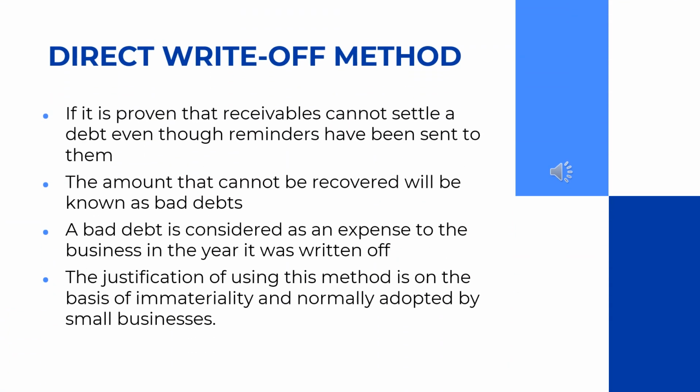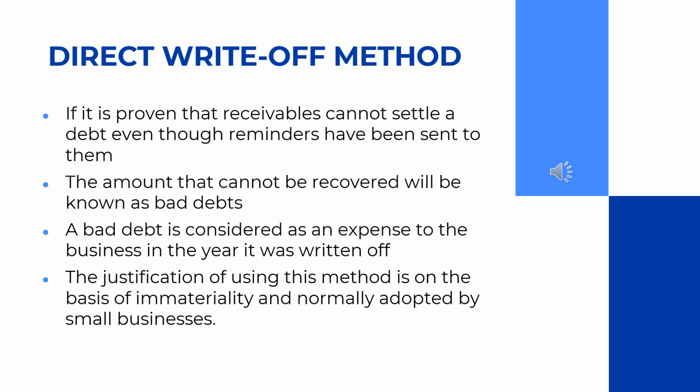The first method is the direct write-off method. If it is proven that a receivable cannot settle their debt, even though reminders have been sent to them, the amount that cannot be recovered from the receivable will be known as bad debts.